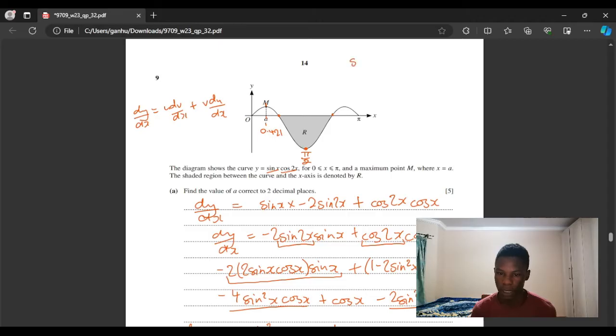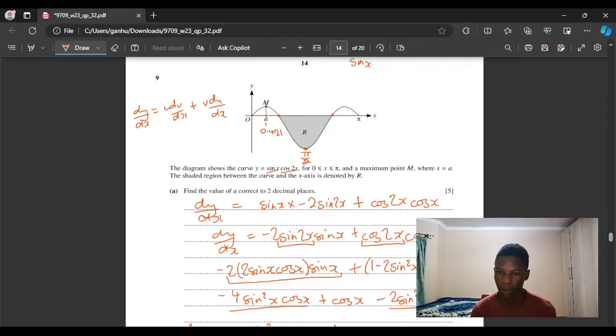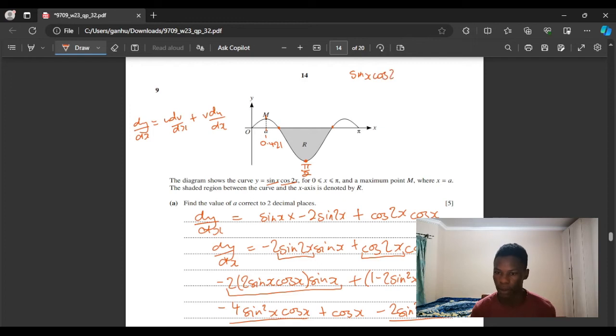What we can do is equate our function to 0, so sin x cos 2x is equal to 0, so that becomes sin x is equal to 0 and cos 2x is equal to 0. Here you'd get x is equal to arcsin of 0, which is going to give us 0, and if we sketch the graph for sine over here, we've got 0 over here, pi, and 2 pi.